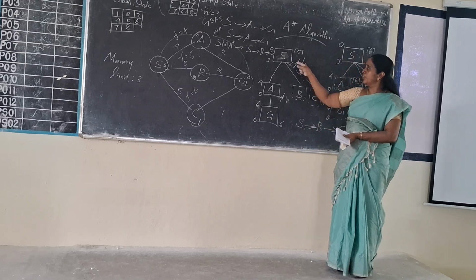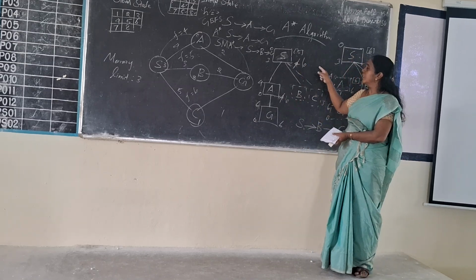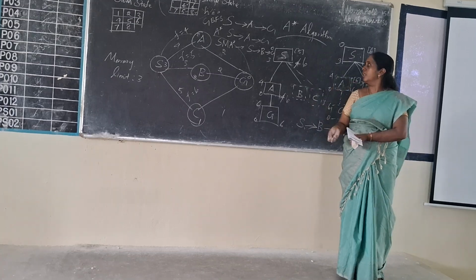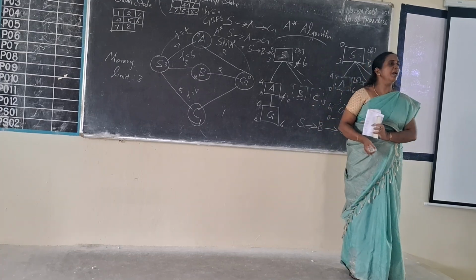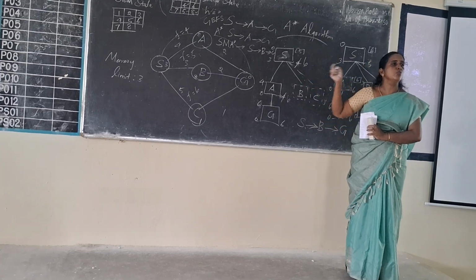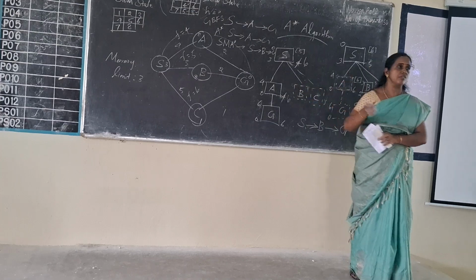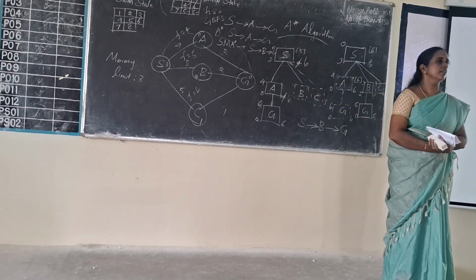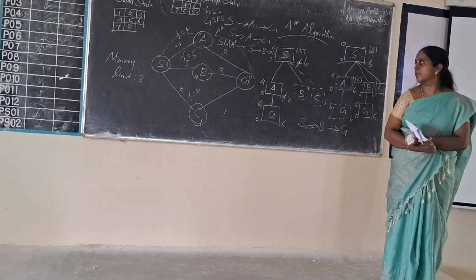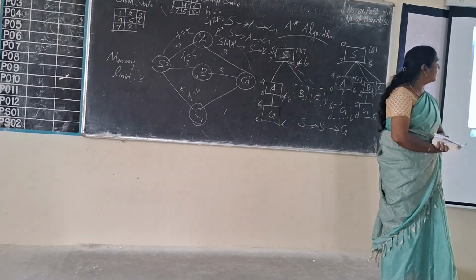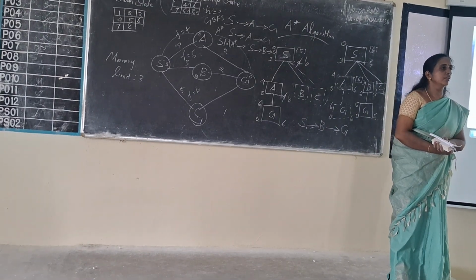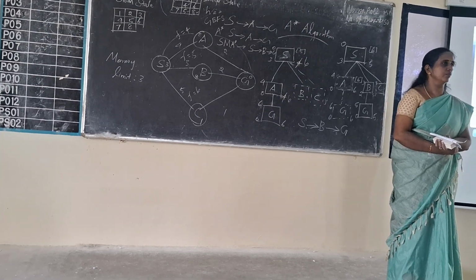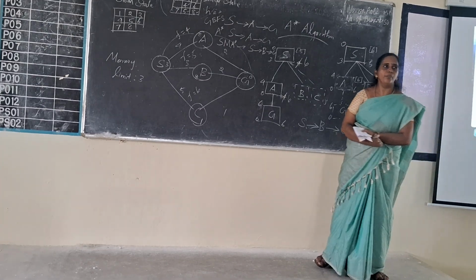Then one more thing is, in the simplified memory bound A star algorithm, if you set the memory limit as 2, what will happen? In this case, if you set the memory limit as 2, is it possible to process? Whether it will give a solution or not? No, right?